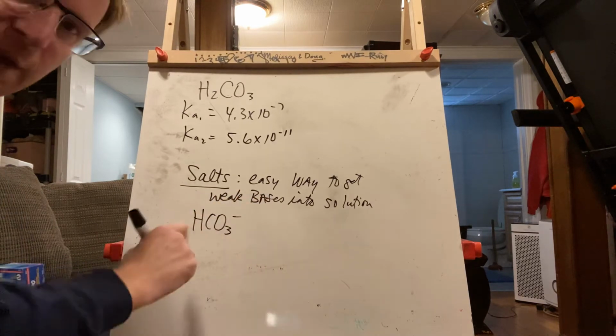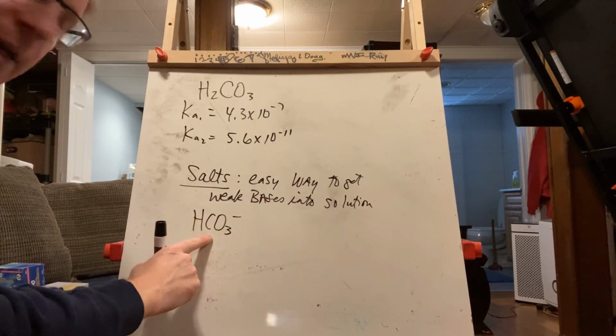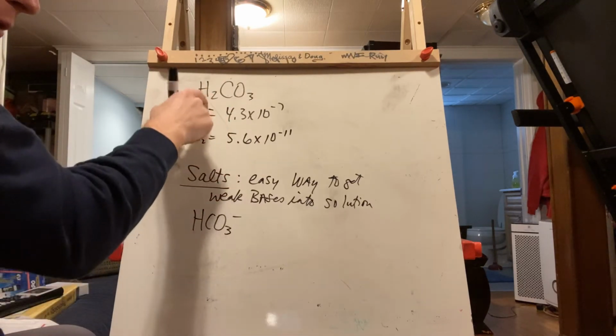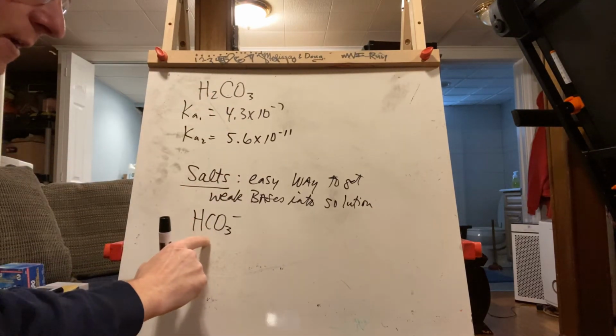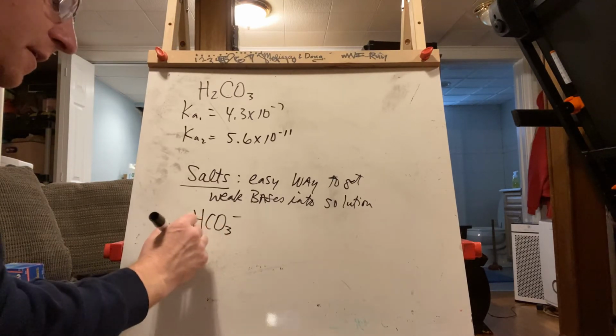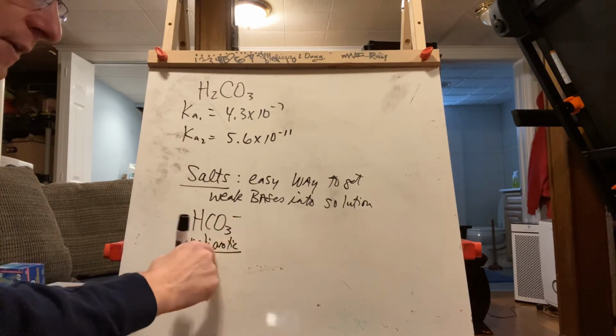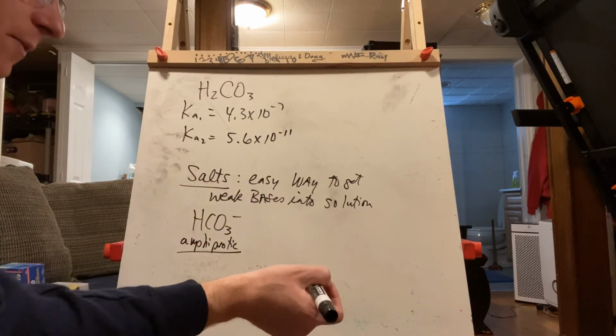By the way, if you're thinking about this, H2CO3 is a polyprotic acid. What sort of species is this? Amphiprotic, which means it can act as an acid or base depending on what you react it with.